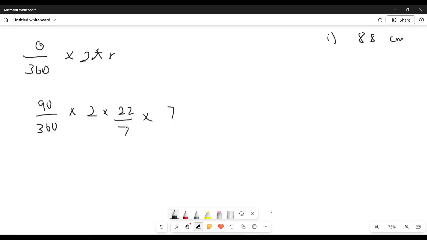It's only the radius, right? So then you can do cutting, 7 and 7 cut, and then obviously 1 by 4 since it's a quarter. And then you still can cut here, 2 times 2 is 4, and then we can still cut here, and you're going to get 11. So the arc length is what? 11 centimeters. So part 2 should be 11 centimeter.